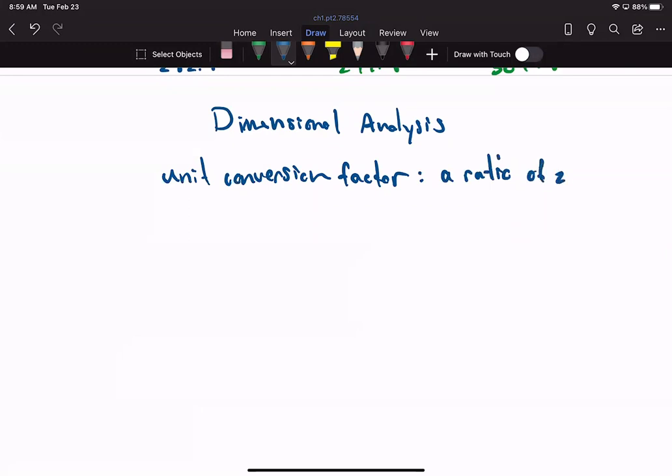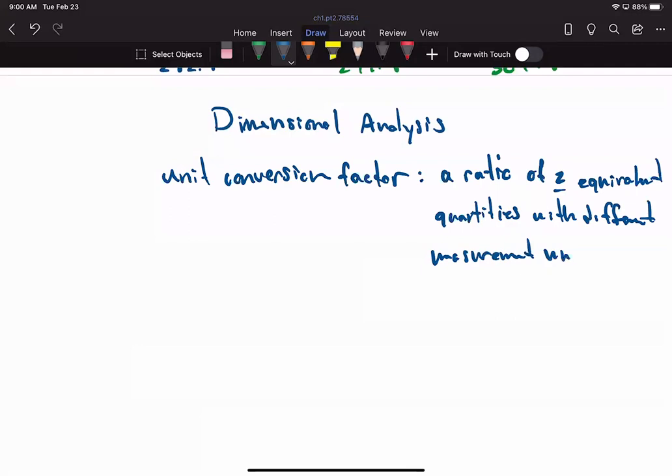A unit conversion factor is simply just a ratio of two equivalent quantities with different measurement units. This is what we consider a conversion factor.